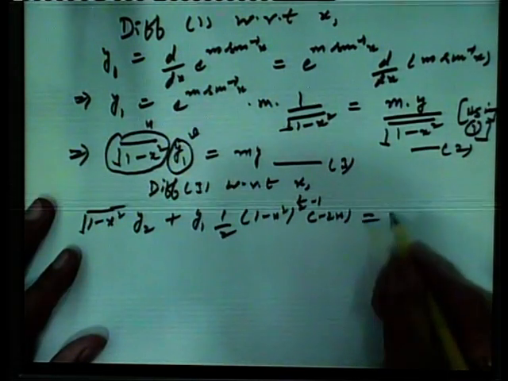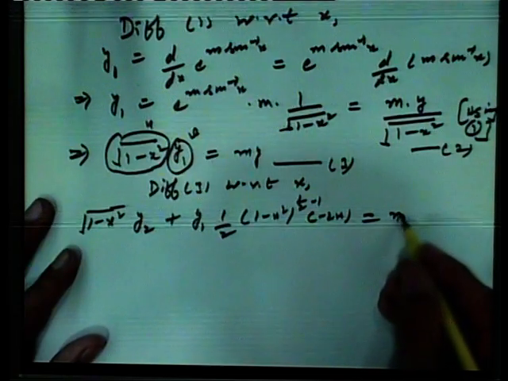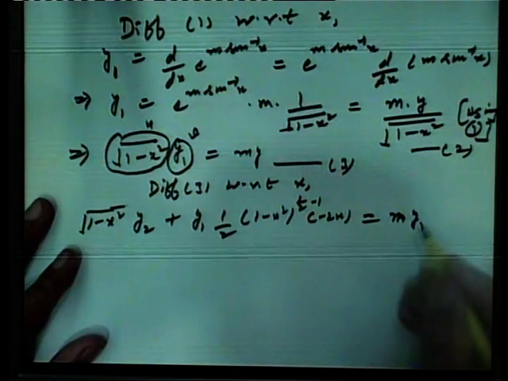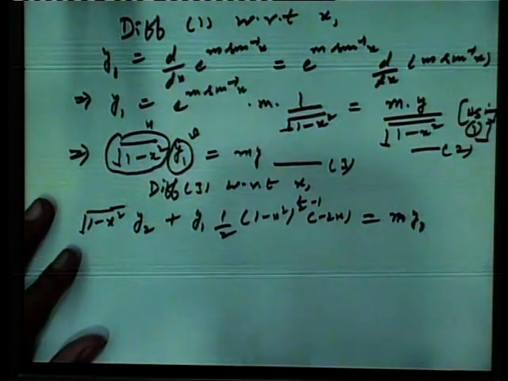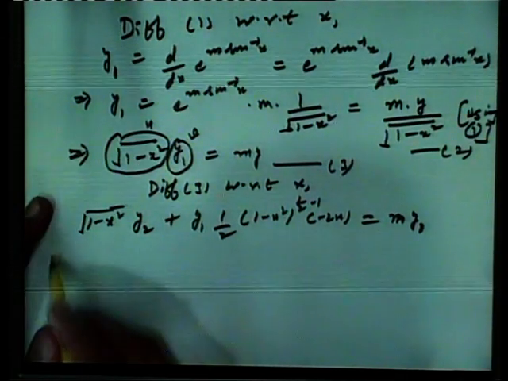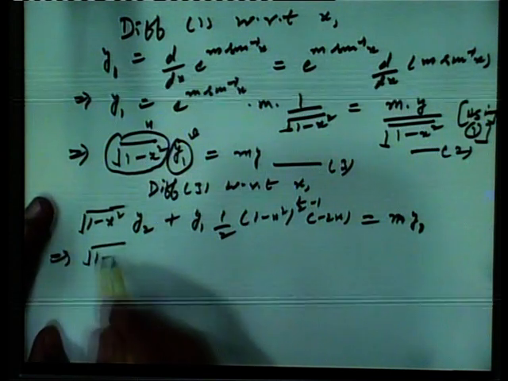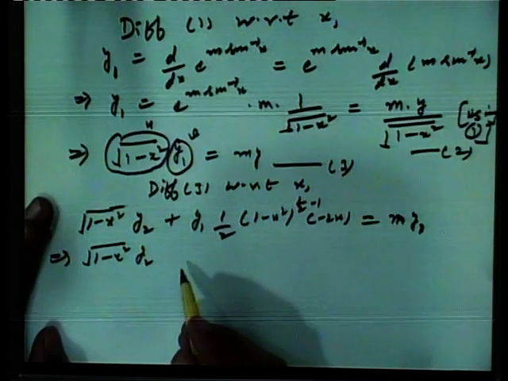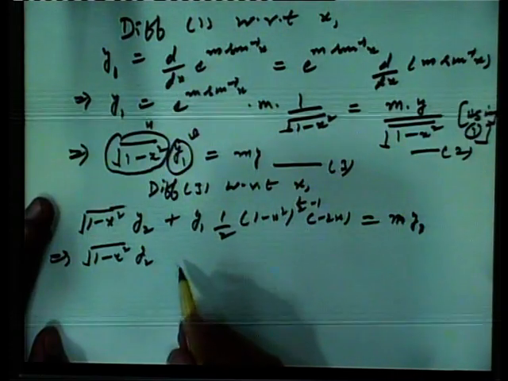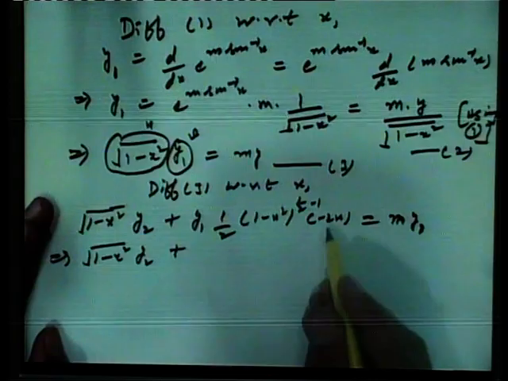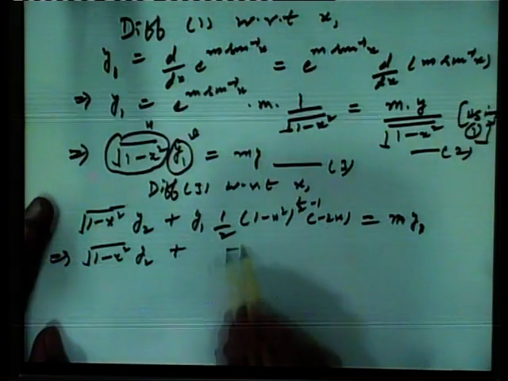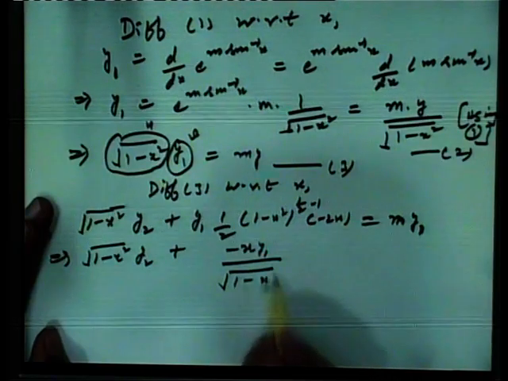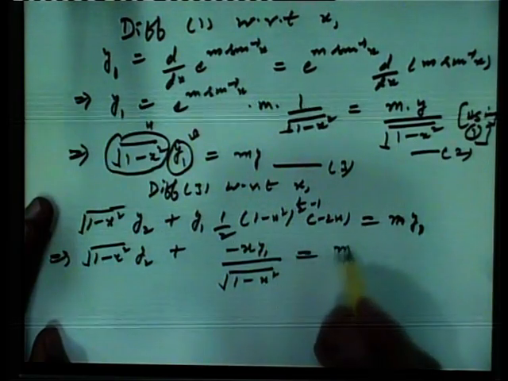It is equal to m constant; the differentiation of y is y1, the first order derivative. This means square root of (1 minus x square) into y2, the 2 cancels each other, and we are left with minus x y1 divided by the square root of (1 minus x square) is equal to m y1.